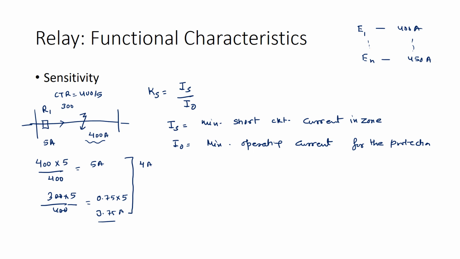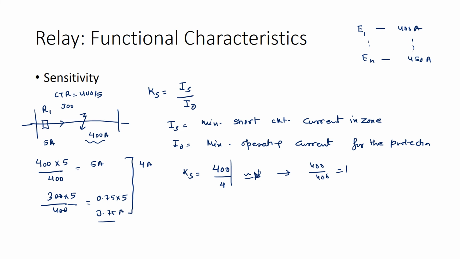So the minimum short circuit current in the zone is 400 ampere, and the minimum operating current for the protection in the relay is 4 ampere. If I calculate with respect to the primary current, it is 400 by 400, which is equal to 1, with respect to the secondary current.